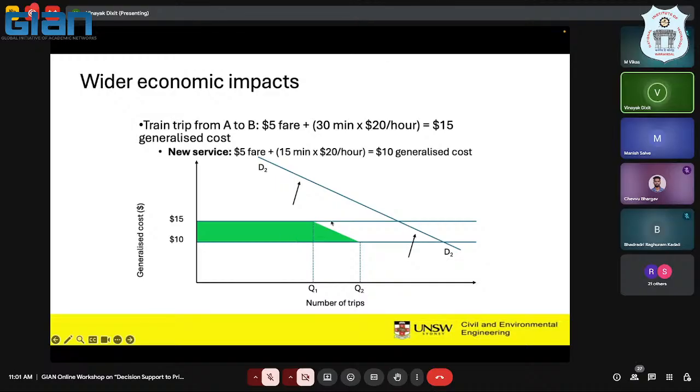You put in a new road, there's induced demand. That means your economy has grown. Now, because of that economic growth, it might not remain as 15 minutes, it might become 20 minutes, but you need to model that. And that's where we are going to talk about CGE models and all of that on how to model it. But I'm identifying a particular issue which we need to consider.